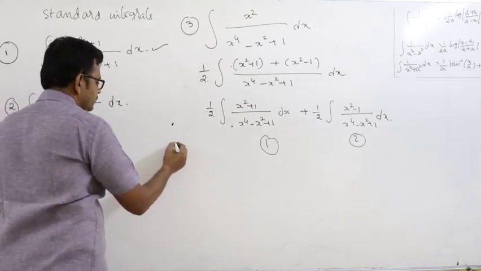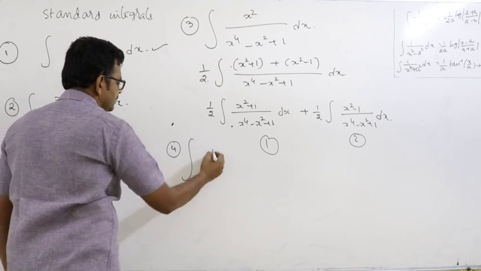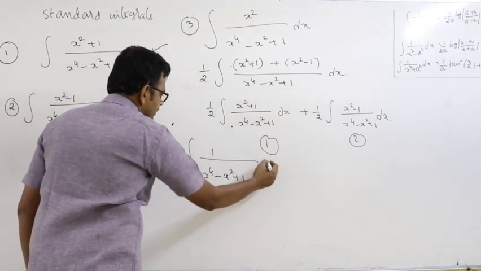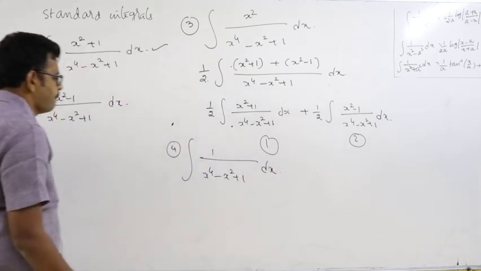And next, fourth problem, integral 1 by x power 4 minus x square plus 1 dx.